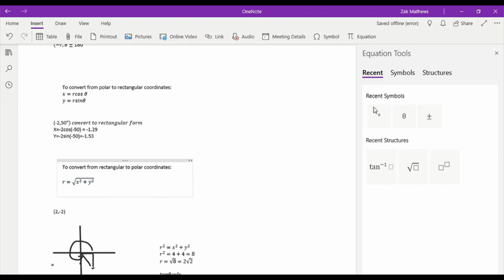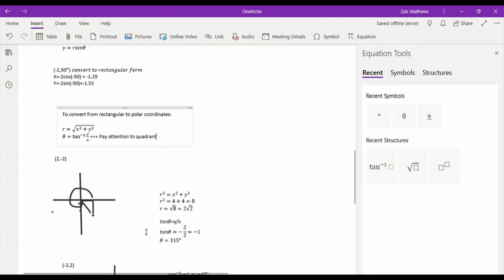And if we want to figure out what the theta is, well, theta will be equal to the inverse tangent of y over x. But I'm going to kind of put a couple of stars there, a couple asterisks, because we have to pay attention to which quadrant that is in. And so for that reason, it is always a good idea to draw the picture.